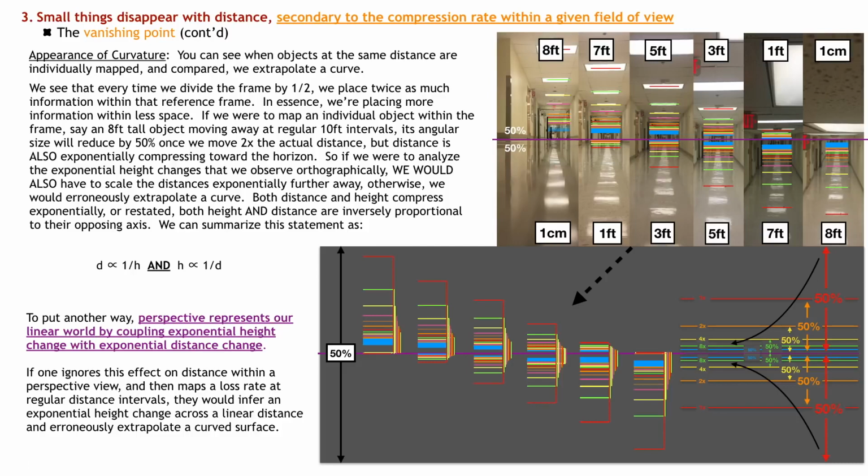If one ignores this effect on distance within a perspective view and then maps a loss rate at regular distance intervals, they would infer an exponential height change across a linear distance and erroneously extrapolate a curved surface. So I hope that makes sense. And if it doesn't for right now, you will see it in a diagram here on the next page.